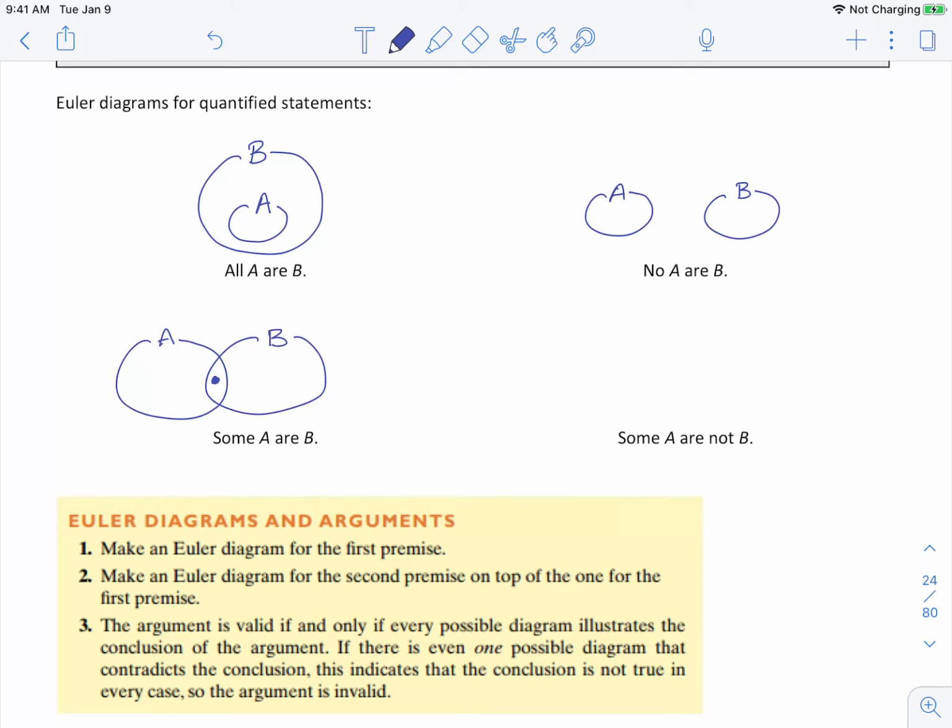For some A are not B, I have a circle for group A, another circle for group B, and I know that some A are not in B, so I'm talking about ones over here that are not in the overlap portion.